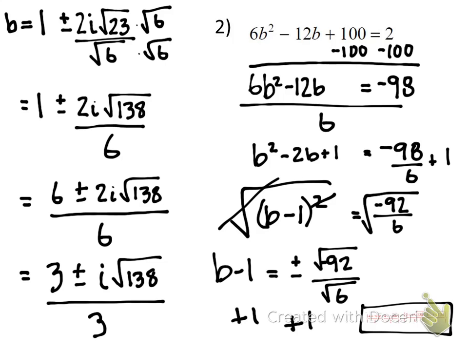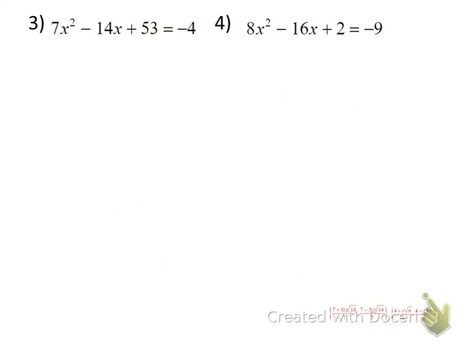Okay. Number 3. We're just going to work up to number 3 today. Number 3, first step, move all your constants to the opposite side. We're going to subtract 53 from both sides.